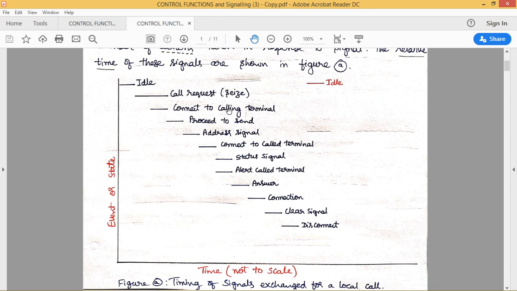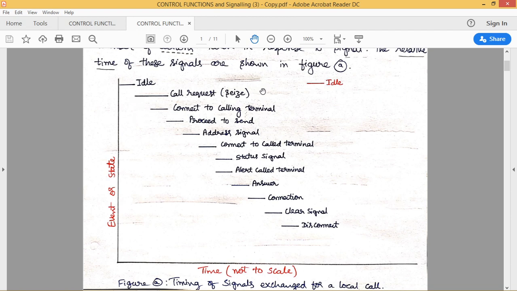Before establishing the connection, the exchange detects where the signal is coming from, converts the equipment number, EN, to the directory number, DN, and determines the class of service provided for that calling person.